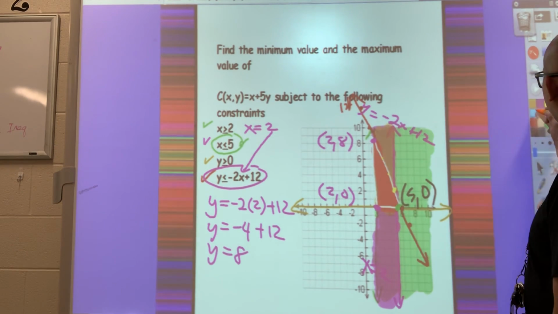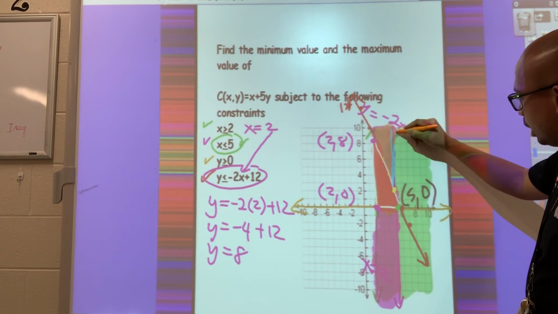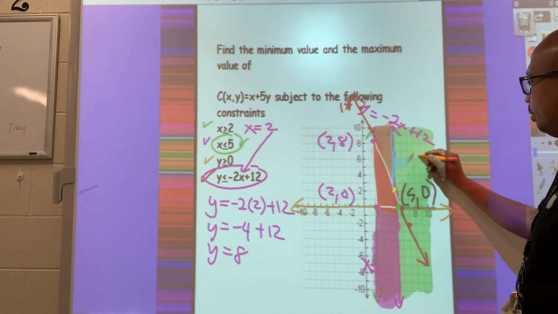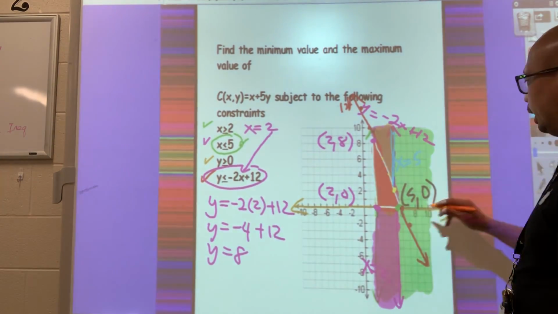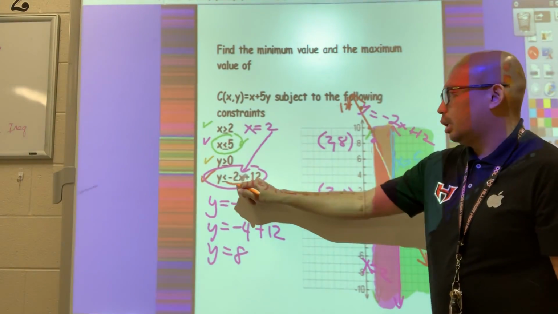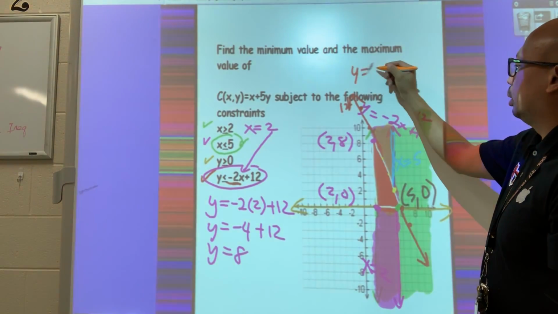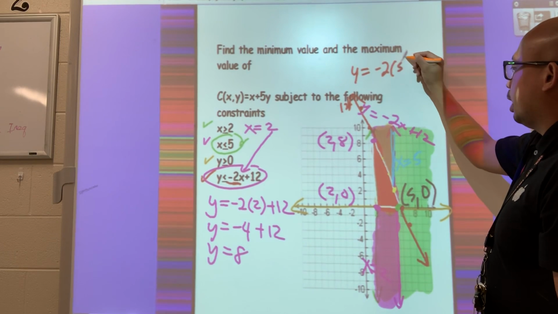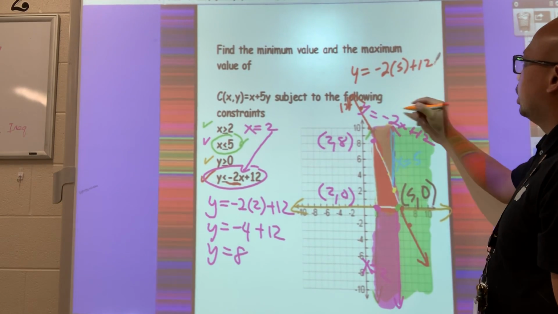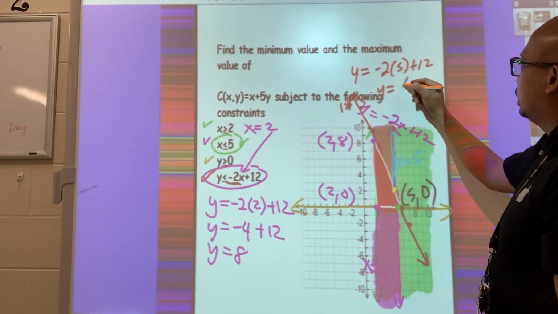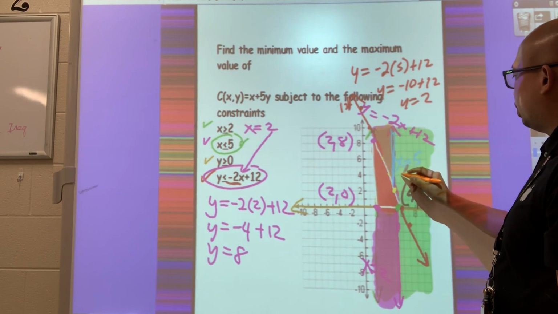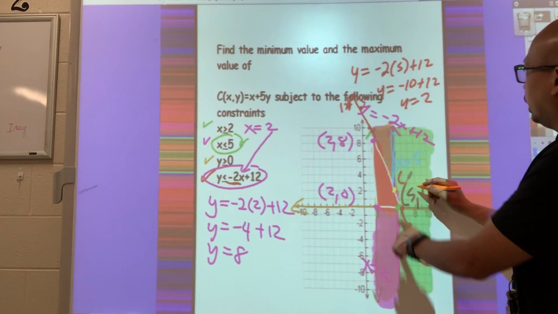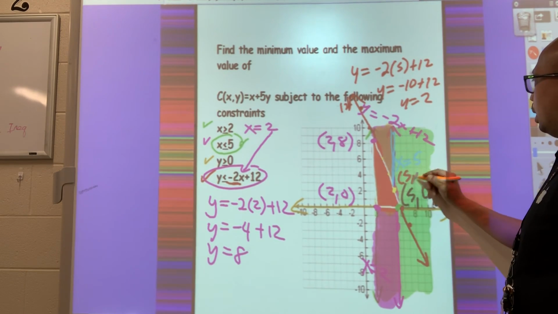I know this line is x equals 5, and this line is y equals negative 2x plus 12, so I plug in the 5 for x. That gives y equals negative 2 times 5 plus 12, so y equals negative 10 plus 12, or y equals 2. Therefore the yellow point here is (5, 2).